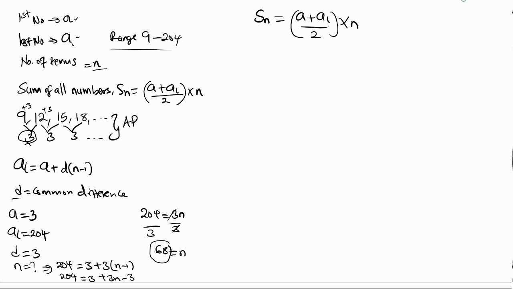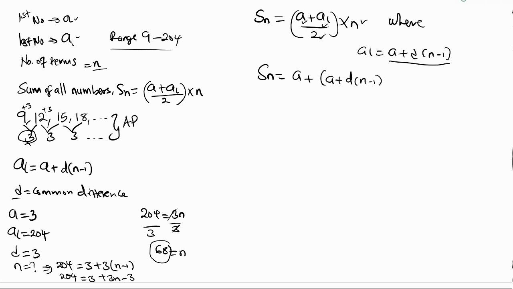So we have Sn equals a plus al over 2 times n, and substituting for al in this equation here, we shall have Sn equals a plus, bracket of a plus d into n minus 1, and then divide by 2. Everything divided by 2, and this one is multiplied by n.